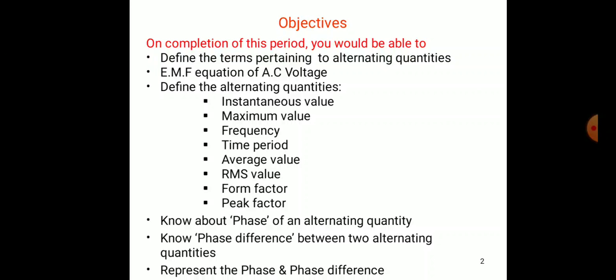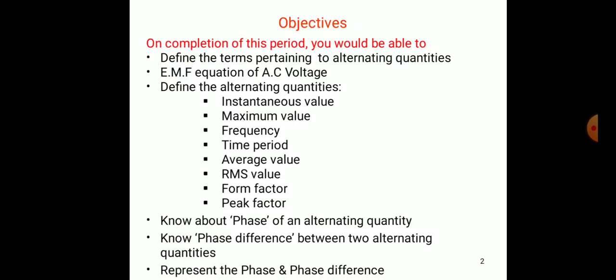Next, we are going to discuss the different alternating quantities: instantaneous value, maximum value, frequency, time period, average value, RMS value, form factor, peak factor, and so on. And also we are going to discuss the phase of an alternating current, whether the phase is changing or uniform.